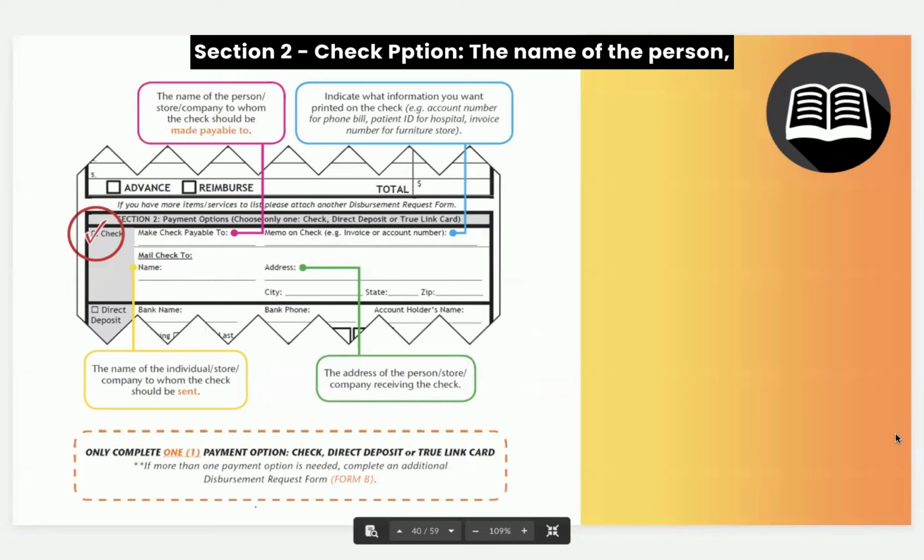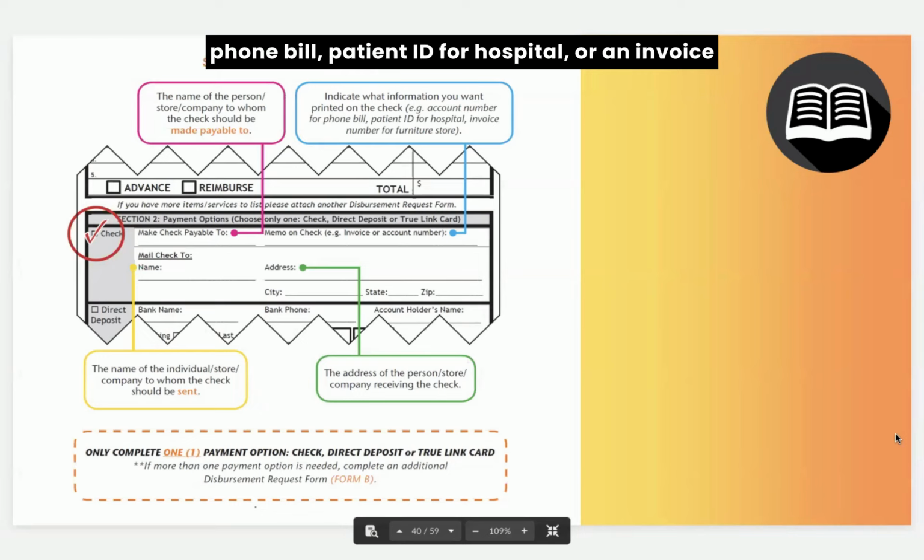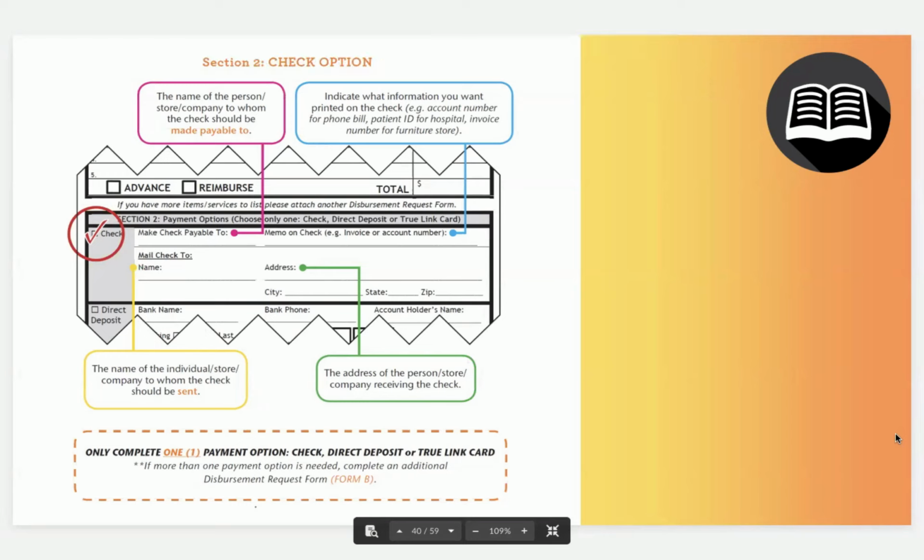Section 2, check option. The name of the person, store, or company to whom the check should be payable to. Indicate what information you want printed on the check, which could include account number for a phone bill, patient ID for hospital, or an invoice number for a furniture store, for example.